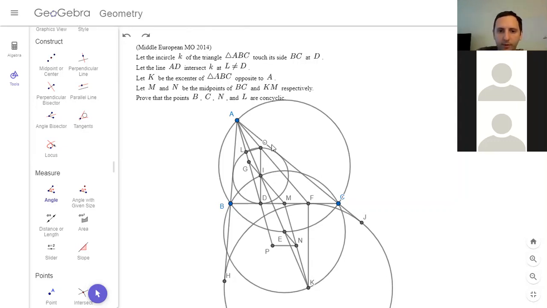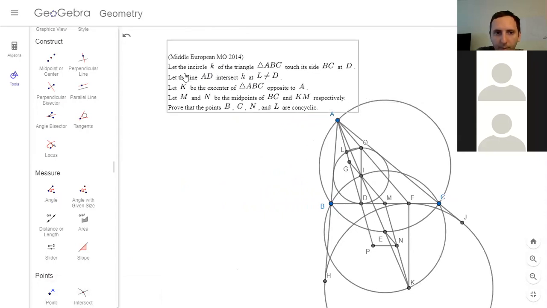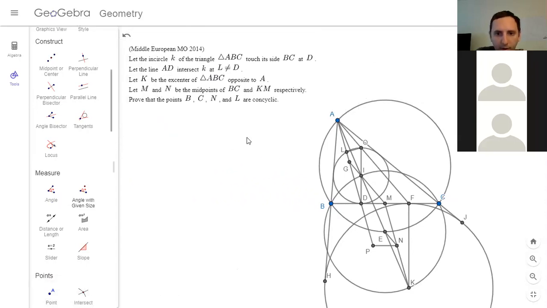We have OD over LD is MK over FK. I think that's really close. I'm just going to start out writing some of this, and then maybe we'll figure it out.